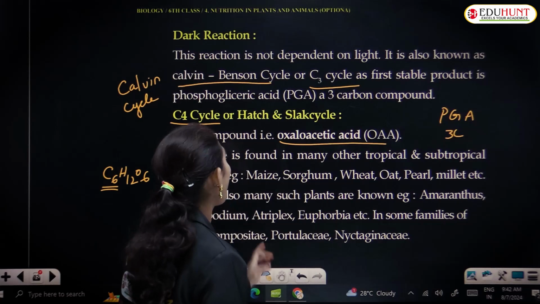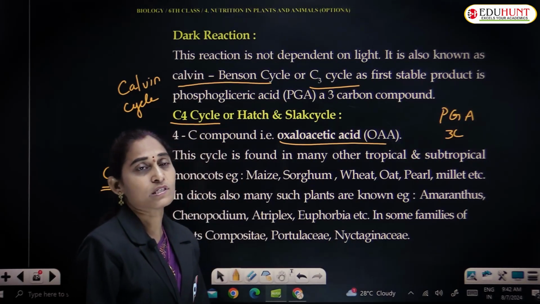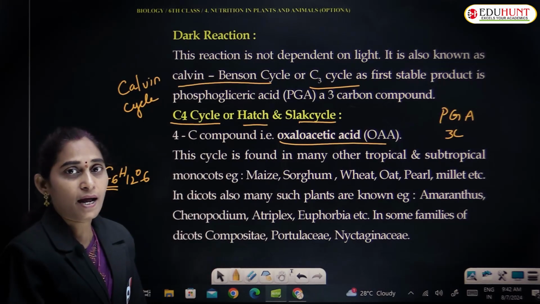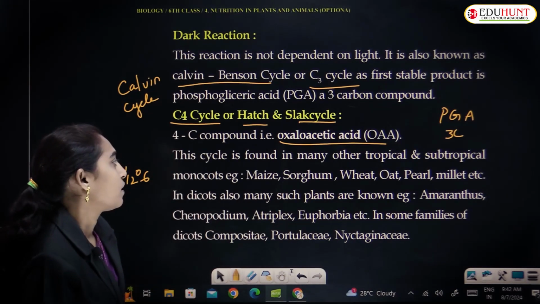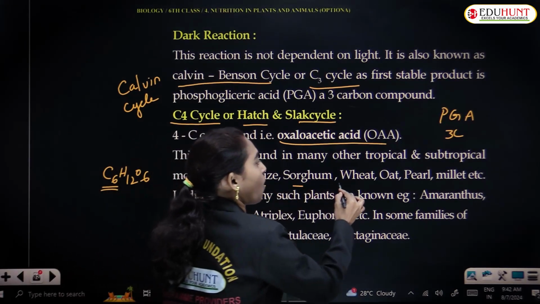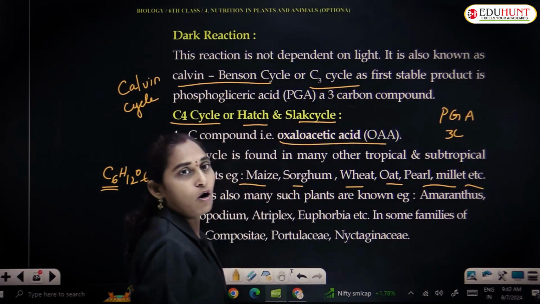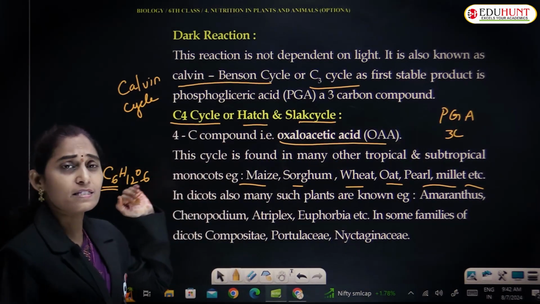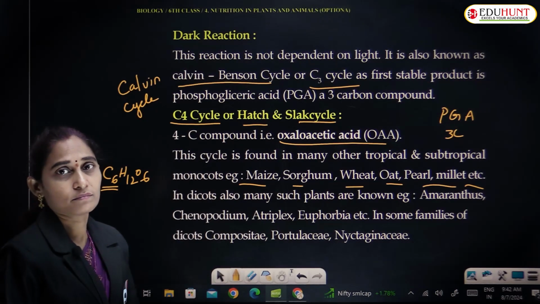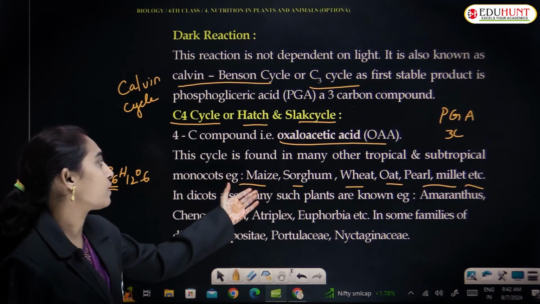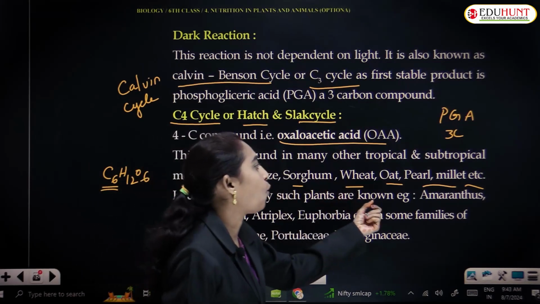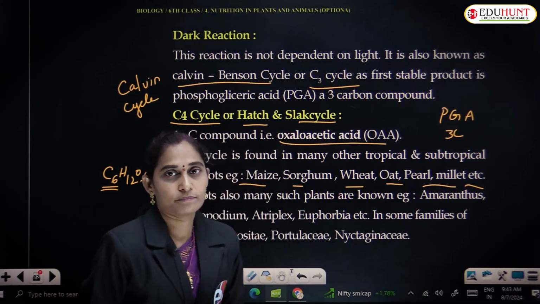That is why it is called the C4 cycle, and it was described by Hatch and Slack. Examples of C4 plants are maize, sugarcane, sorghum, wheat, oat, pearl millet, etc.